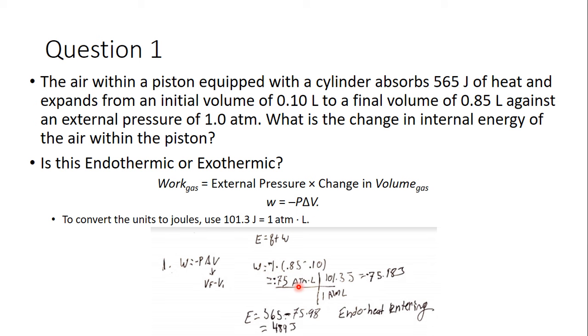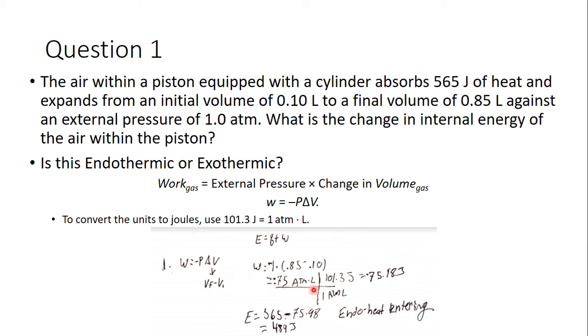So we need to convert this atmosphere liter to a unit of energy now. So negative 0.75 atmosphere liter, and our conversion is 1 atmosphere liter is 101.3 joules. So our total energy is negative 75.98 joules. So that's a J right there.